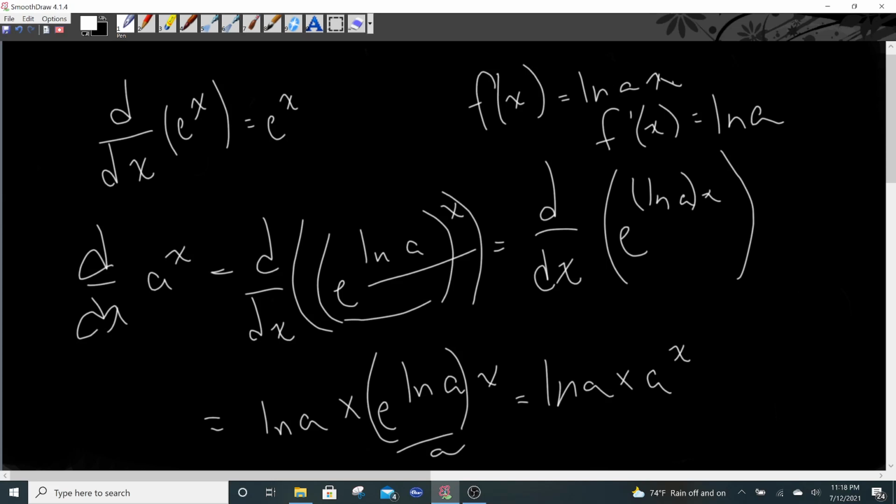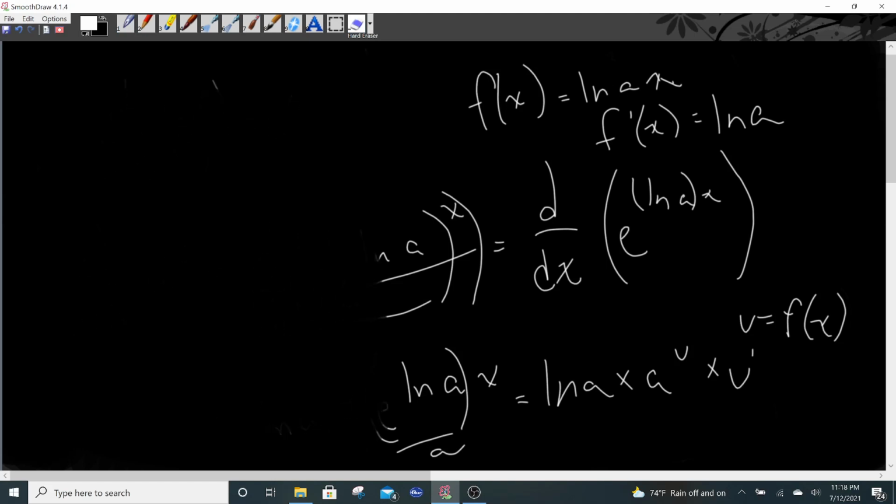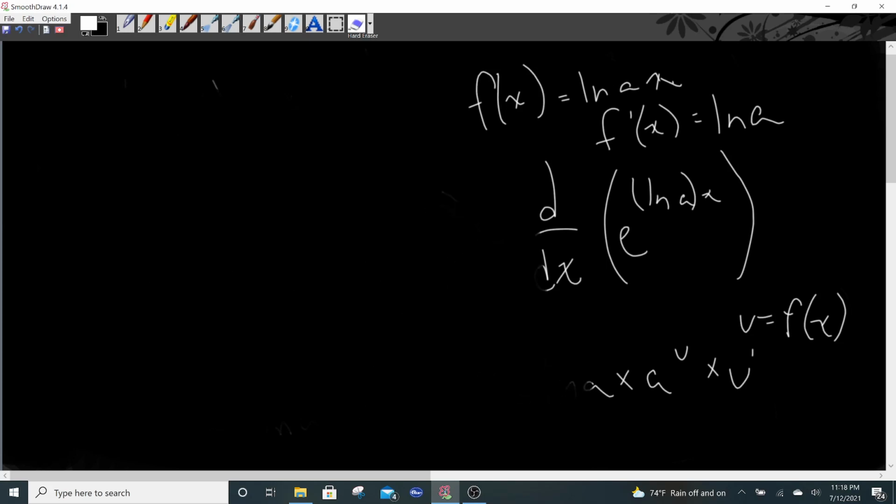And you can generalize this further. You can say that if u was some function of x, then you can make that x into a u, and then make that times u prime. But still, that is the derivative of an exponential function with a base other than e.